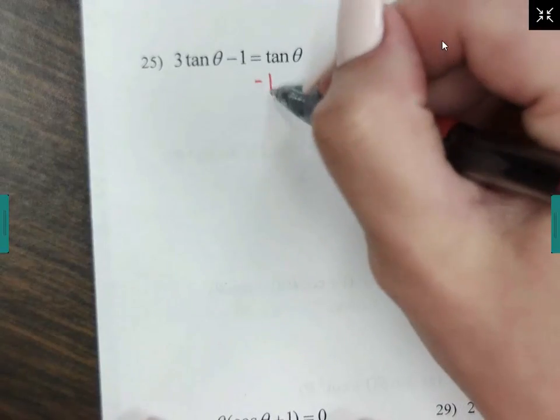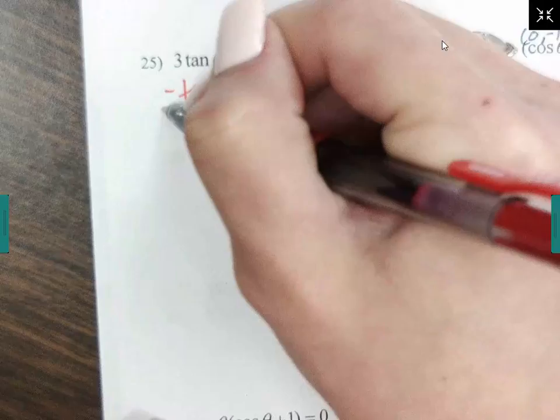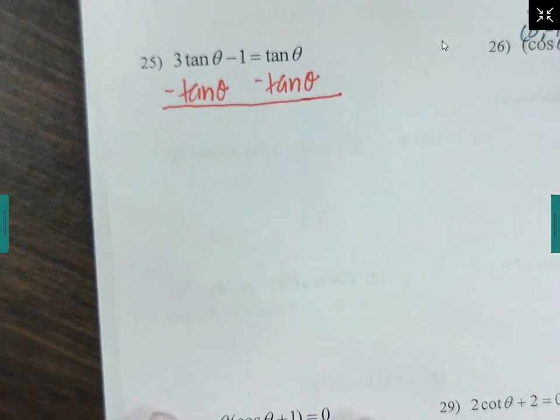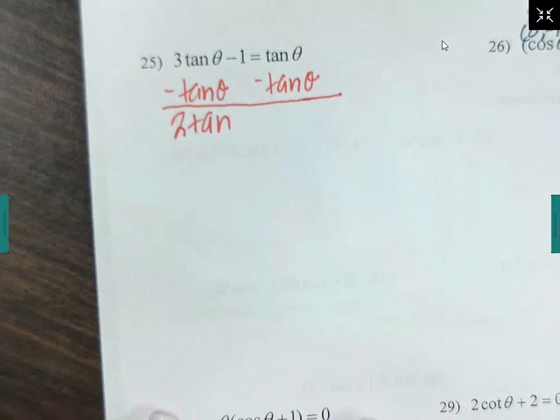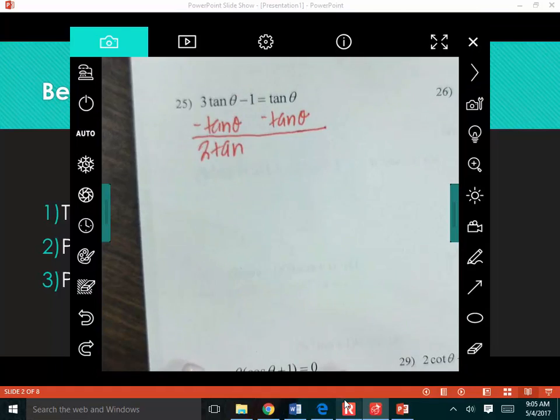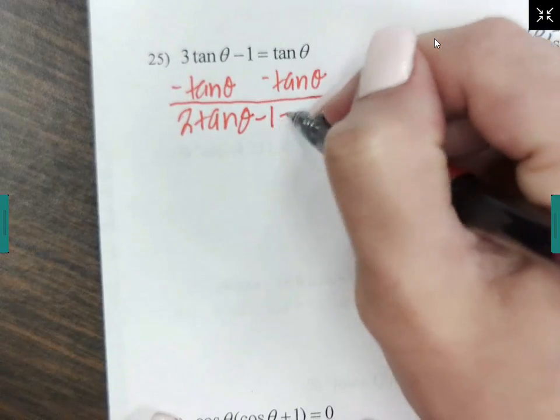Okay, we can subtract the tan of theta from both sides. And what is 3 tan of theta minus the tan of theta? 2 tan of theta. Two tan of theta minus 1 is equal to 0.